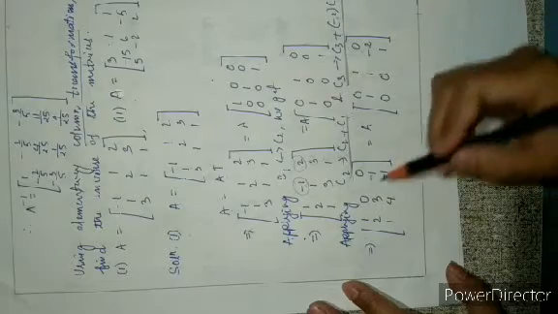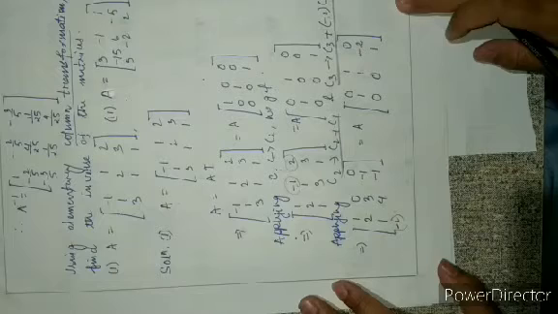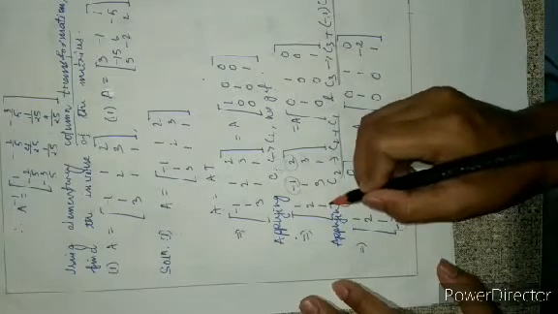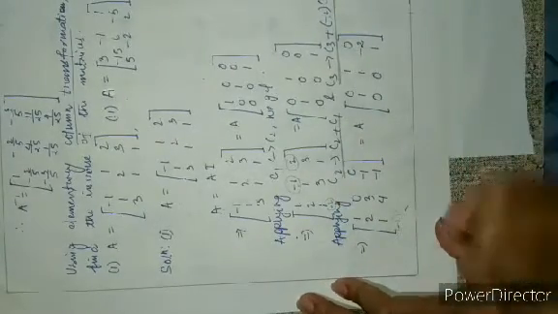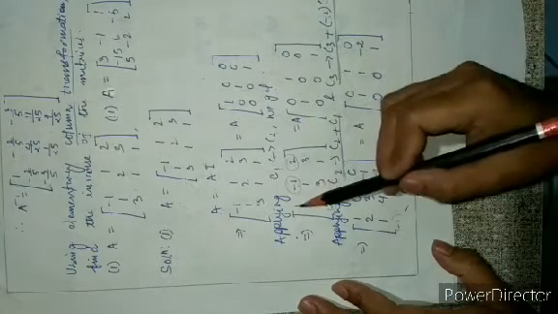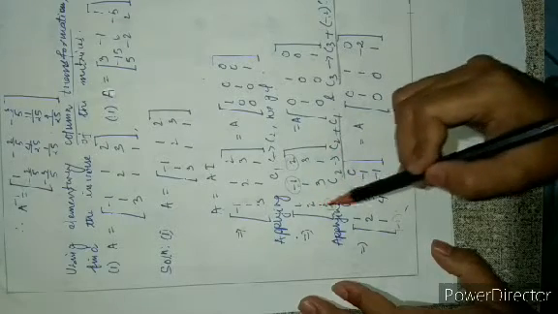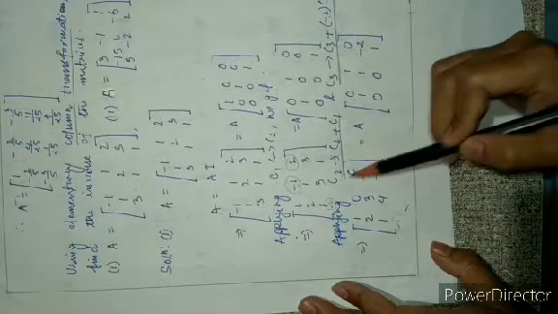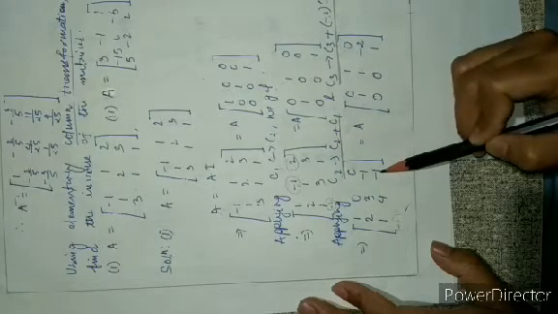Column 1 and the -2 should be multiplied. All the elements of the first column multiply by -2 and adding to the corresponding elements of the third column. 1 into -2 plus 2 is equal to 0. 2 into -2 is -4, plus 3 which is equal to -1. 1 into -2 plus 1 is equal to -1.